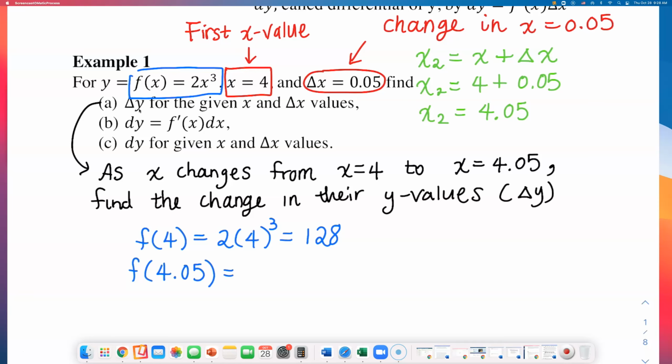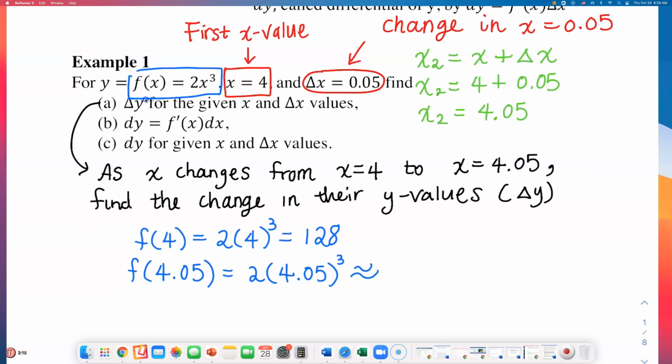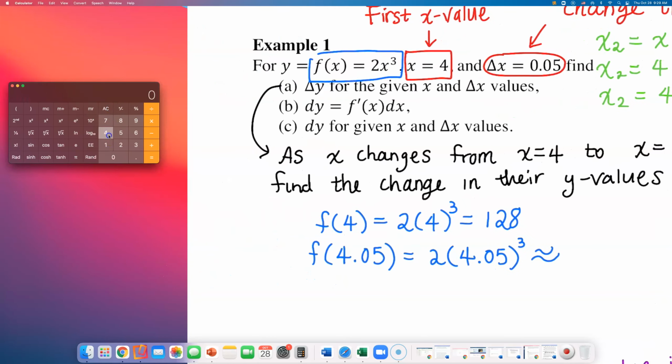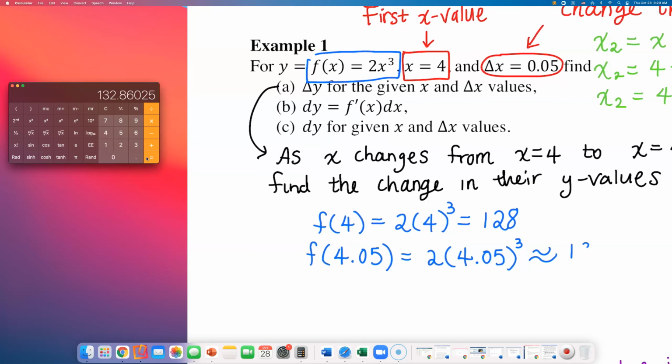That is 2 times 4.05 raised to the third power. And I'm going to get a calculator for this piece. All right, so if I raise 4.05 to the third power first and multiply this by 2, I get 138.86.